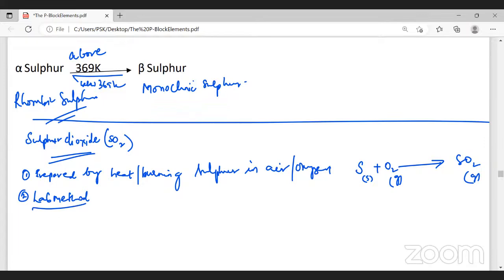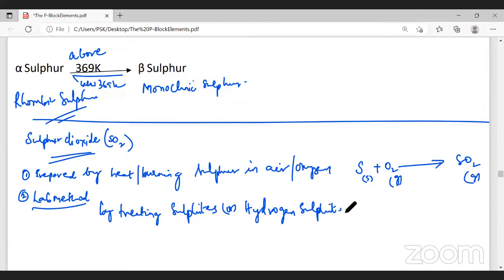Sulfur dioxide is prepared in the laboratory by treating sulfite salts or bisulfites with acids, with hydrochloric acid or dilute sulfuric acid.